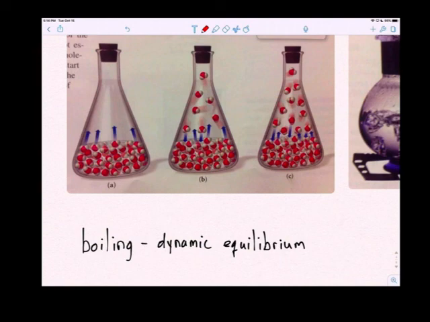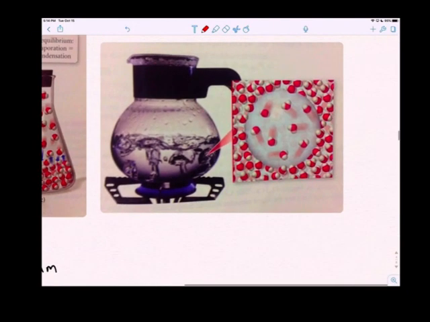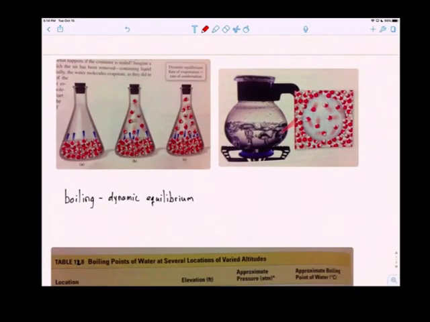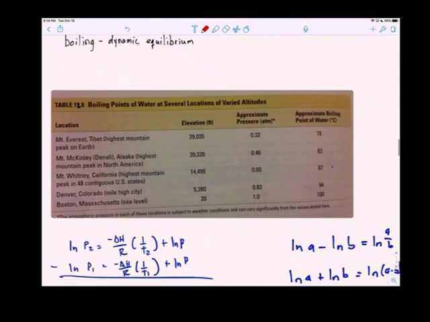Eventually, they reach an equilibrium, and some are leaving the vapor phase, some are condensing, some are vaporizing. So it's a dynamic equilibrium, and this is also true of boiling water. As water is boiling, some of the water molecules are condensing back down and some are boiling. So it is, in fact, a dynamic equilibrium.